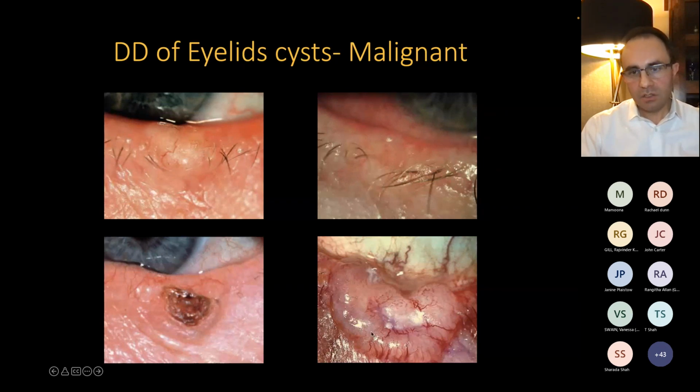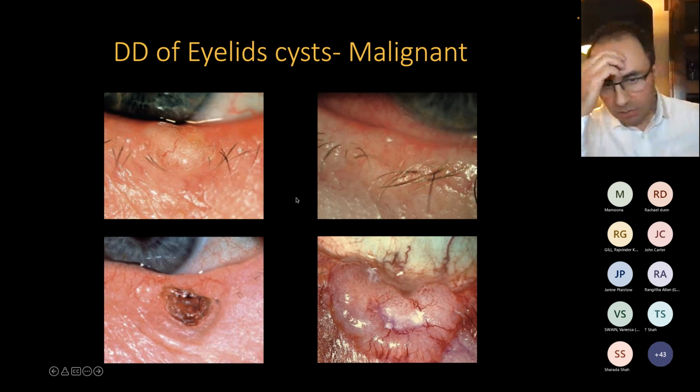If you see ulceration, like for example, again here, there is a loss of eyelash. If you see ulceration, especially if this ulceration is expanding and filled with keratin, this is bad. Or if you see distortion of the whole anatomy, which is obviously very significant, again, that's bad. But I think the most, or the early sign is always loss of eyelashes.